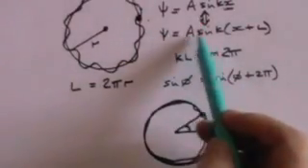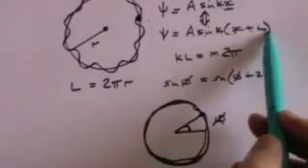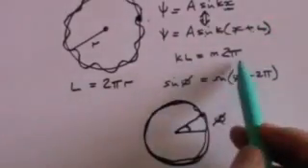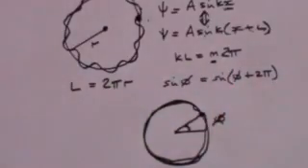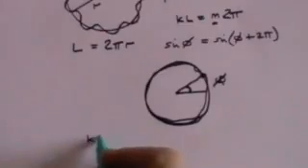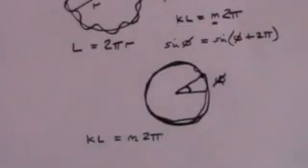So where we've got psi is a sine k x plus L, that's sine kx plus KL, KL has to have the value of an integral multiple of 2 pi, where m is an integer. So KL must equal m times 2 pi.